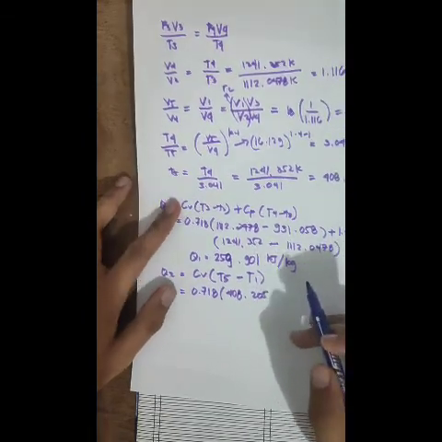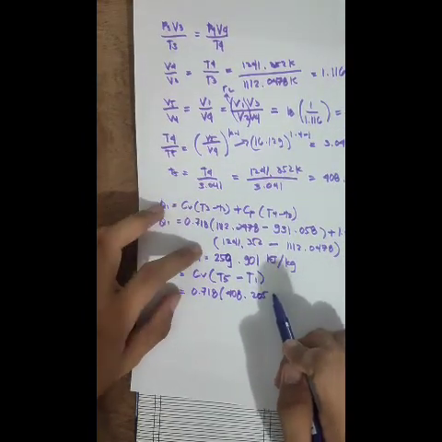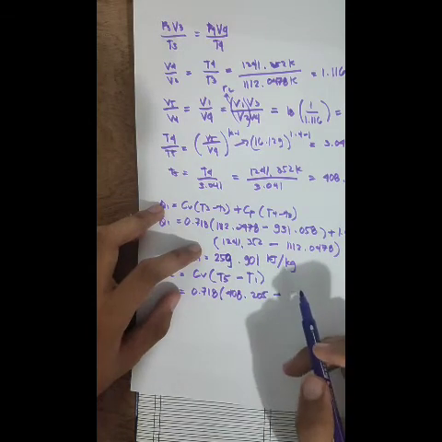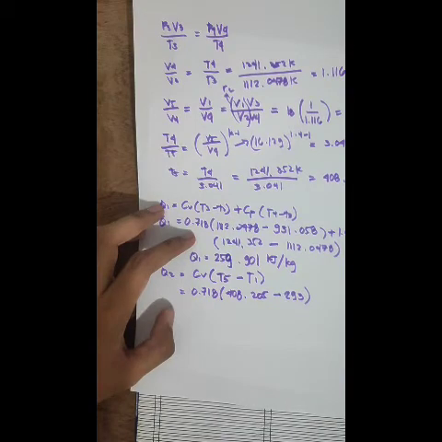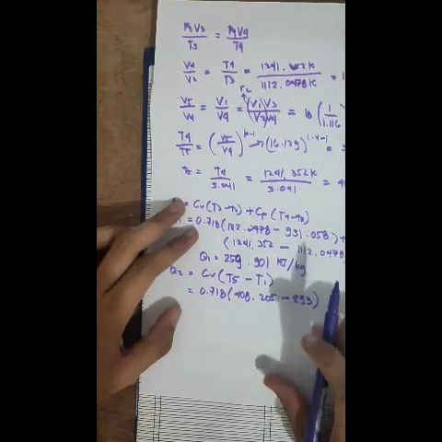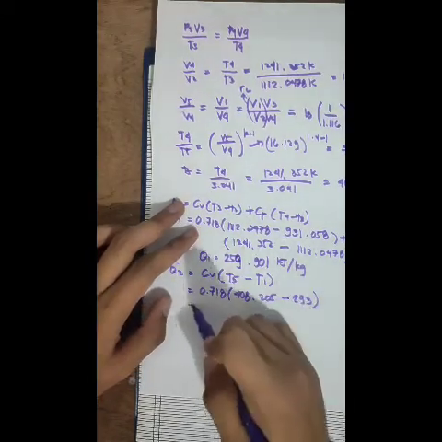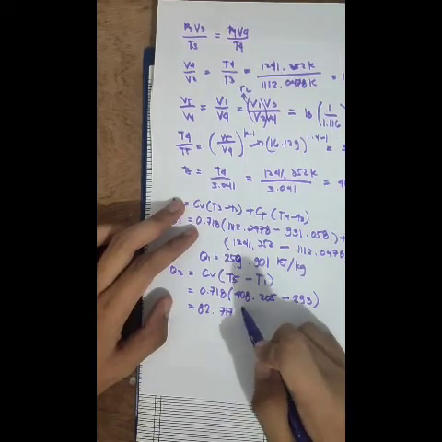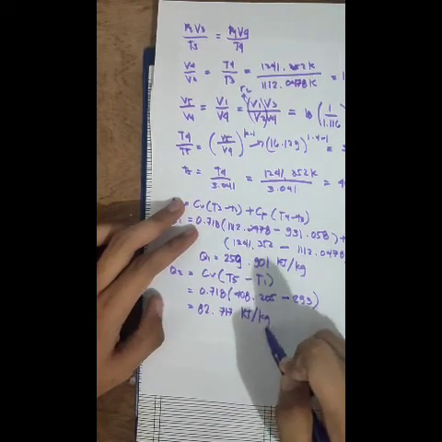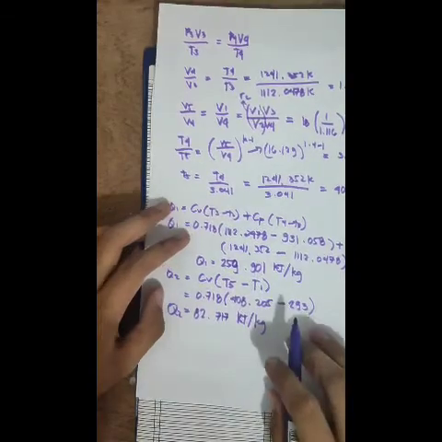So 0.718 times (408.205 minus 293) is equal to 82.717 kilojoule per kilogram. So that's the Q2.